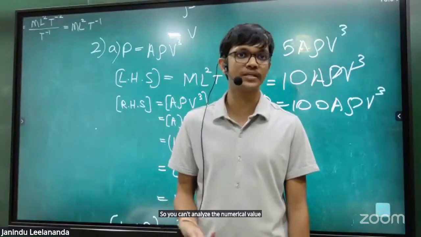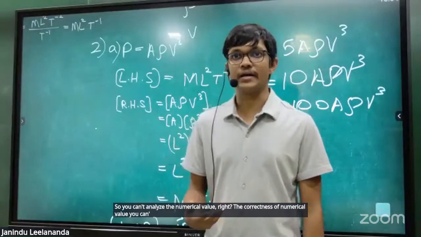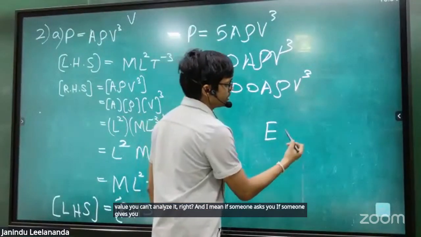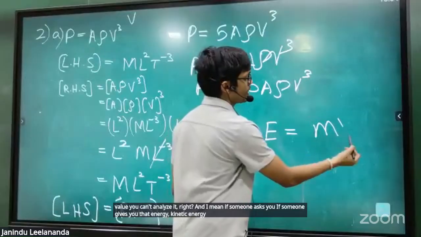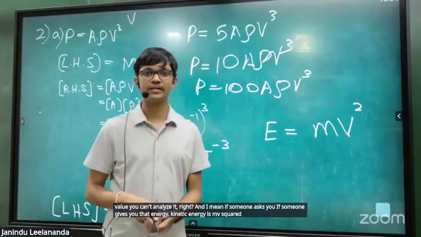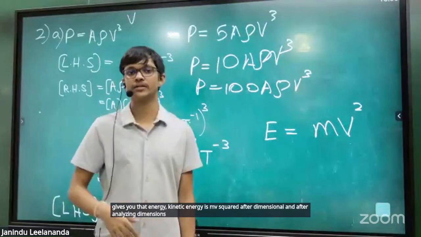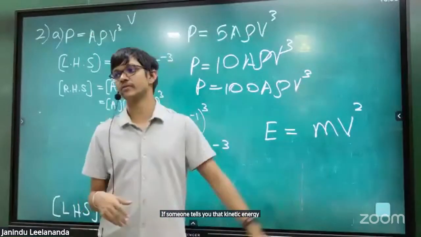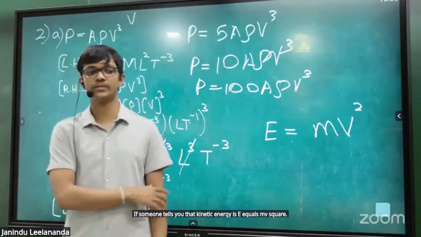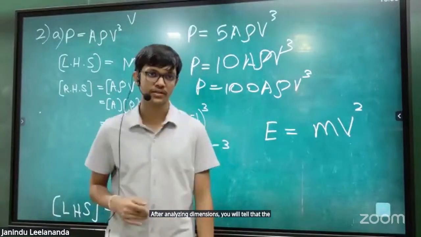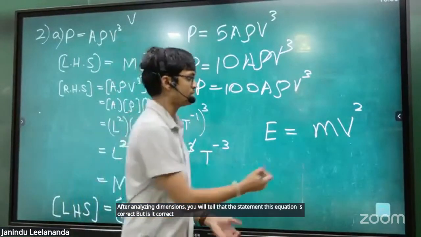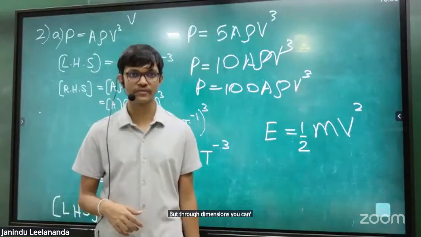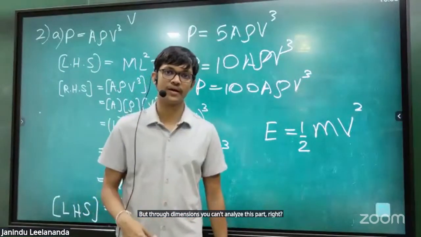If someone tells you that kinetic energy is E equals mv squared, after analyzing dimensions, you will tell that this equation is correct. But is it correct? No, right? The actual equation is half mv squared. But through dimensions, you can't analyze this part. Why? Half anyway doesn't have dimensions, right?